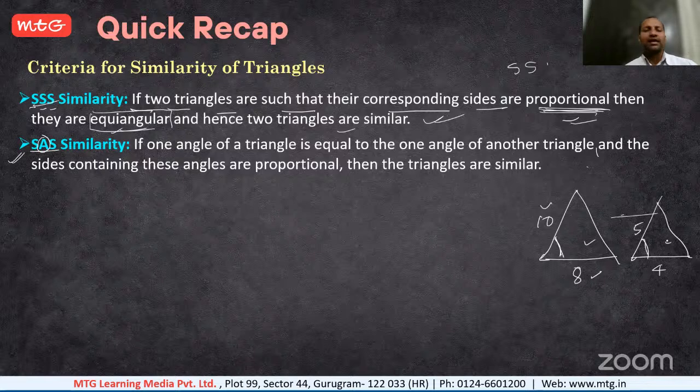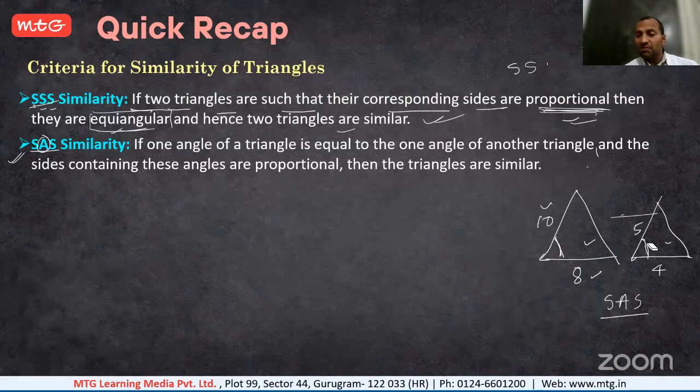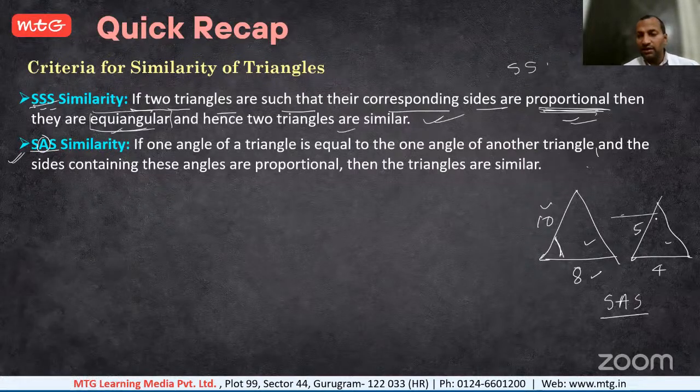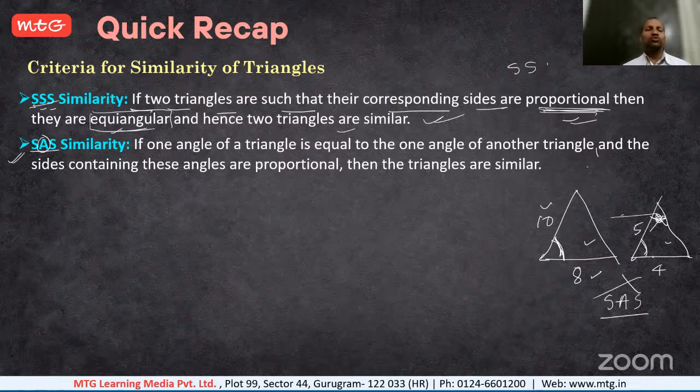Then these two triangles will be similar by SAS, side angle side. If I say this angle is not equal, maybe some other angle is equal, like this angle and this angle, then in that case these two triangles are not similar. It is necessary that the angle should be included, between these two corresponding sides. Only then are these two triangles similar.